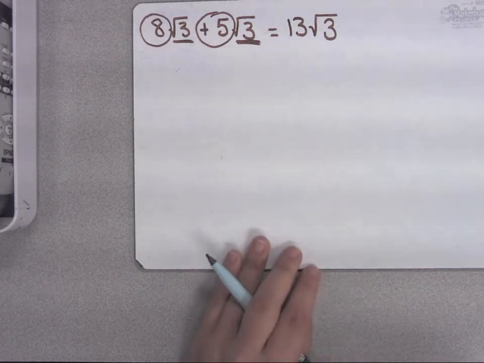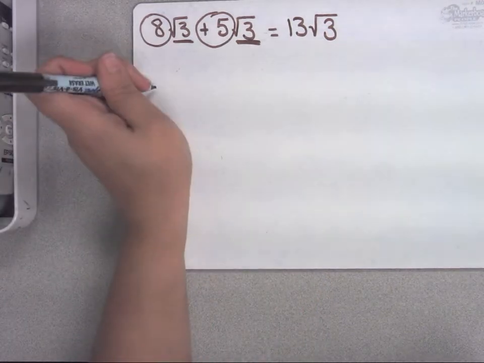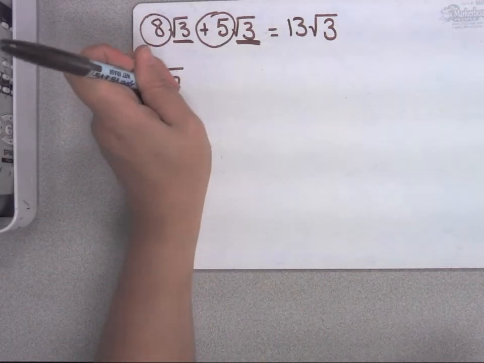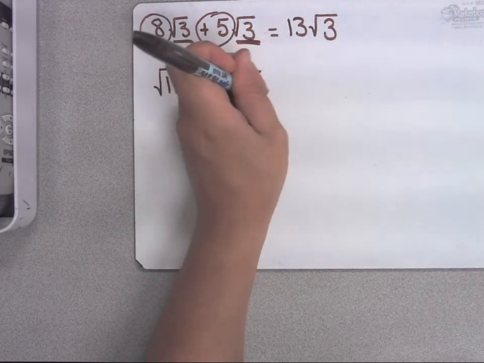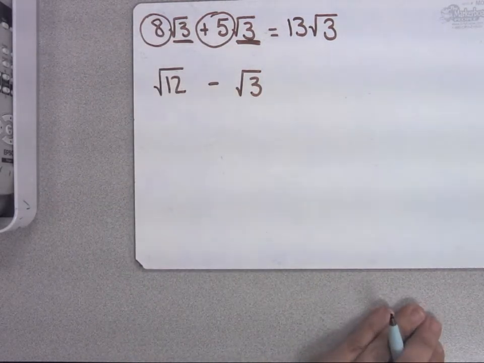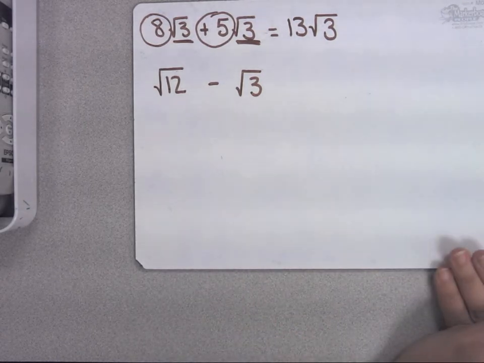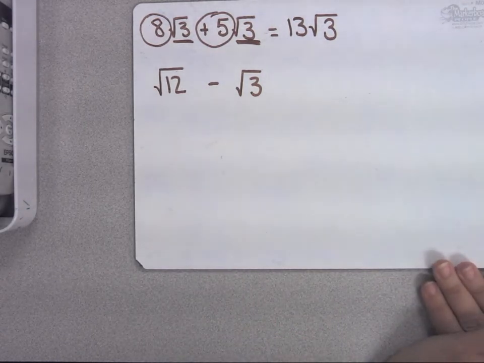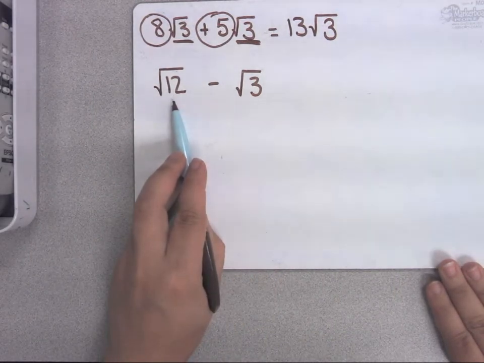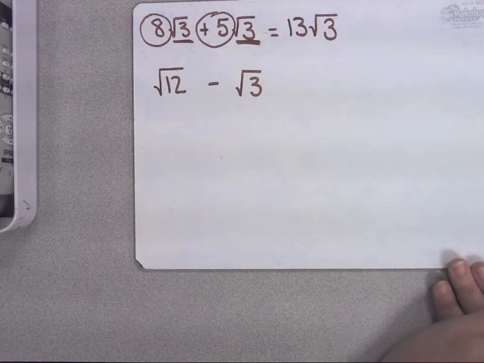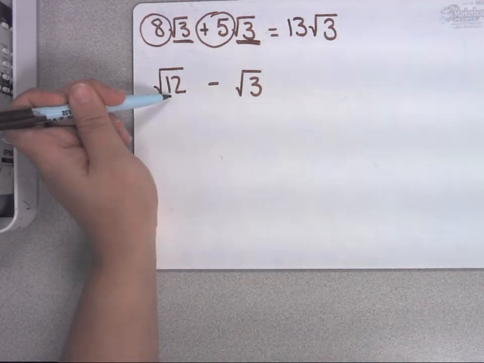Okay. How about this one? Square root of 12 minus square root of 3. I'm literally just doing the evens from the homework. Are these underneath numbers the same? No. If the underneath numbers are not the same, we go, does this radical, can it be broken down?